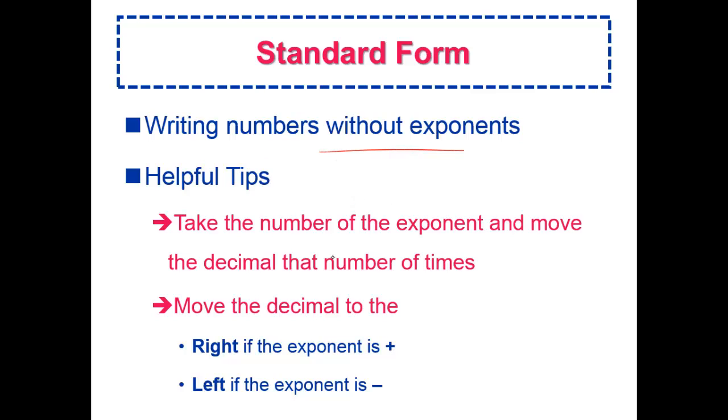Just some helpful hints: it's the opposite, and that's why I get confused a lot of times personally with the whole right is positive, left is negative, because here now the rules are going opposite. So you go right for a positive exponent and left for a negative exponent. You just move the decimal that number of times. So I'll show you some examples here.